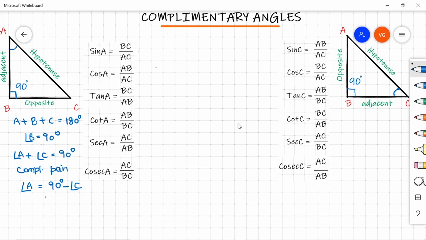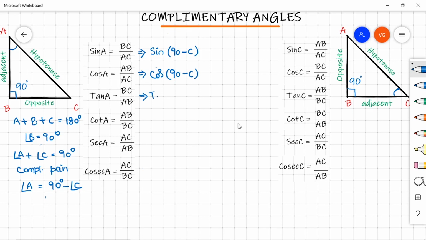Sin A can be written as sine of 90 minus C. Similarly, cos A can be written as cos 90 minus C, because A and C are complementary pair. A plus C is 90 degrees. So in place of A, I can write it as 90 minus C.